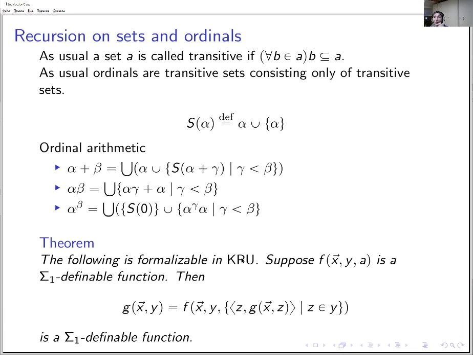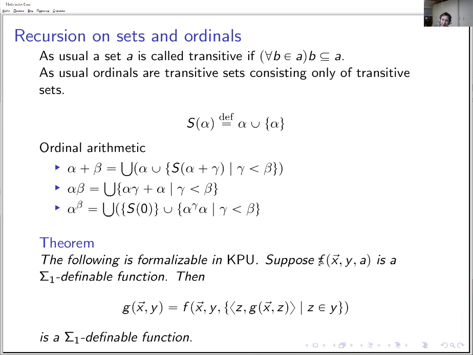In fact, in Kripke-Platek theory, we can do recursion for sigma 1 definable functions, which just means computable functions, relativized. Basically, this is a direct analog of primitive recursion, primitive recursion on sets.